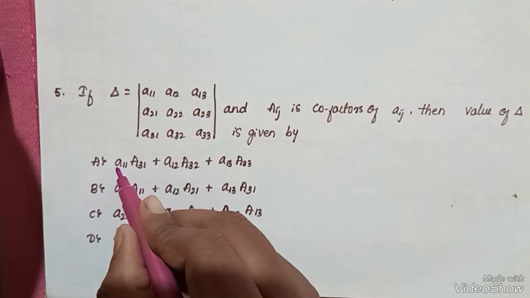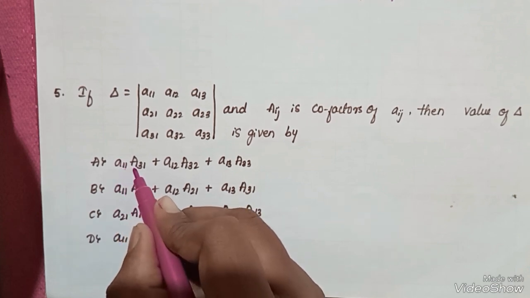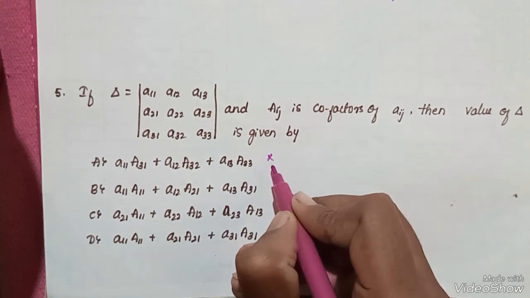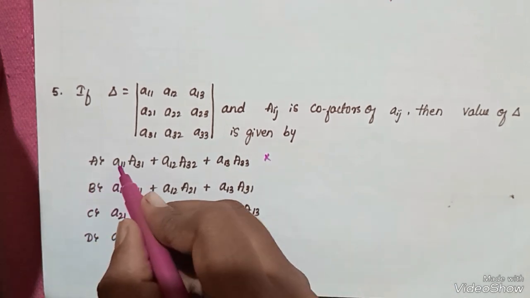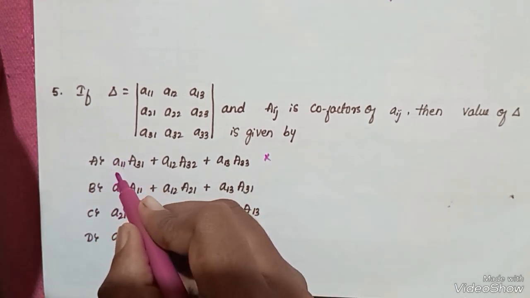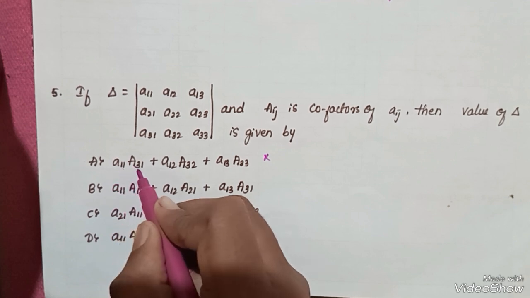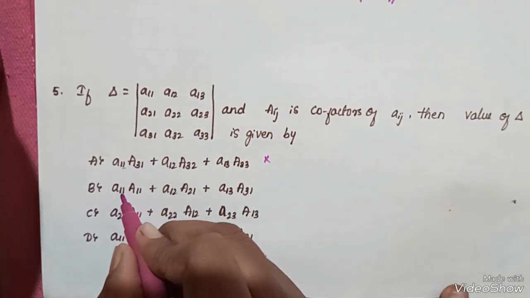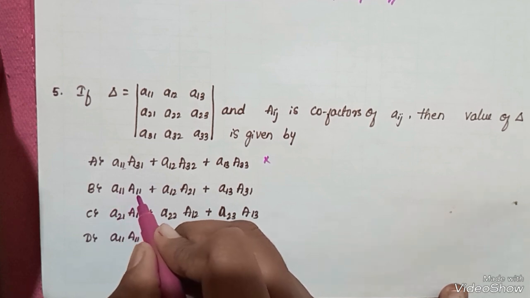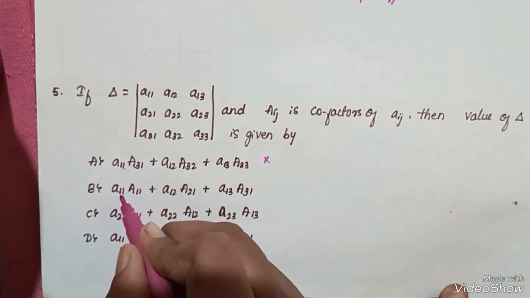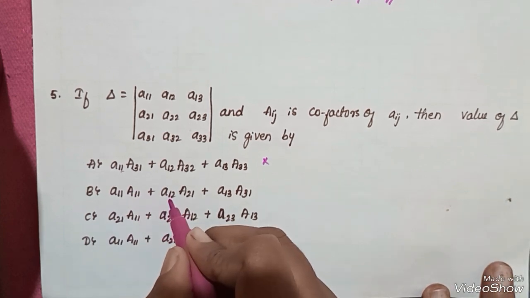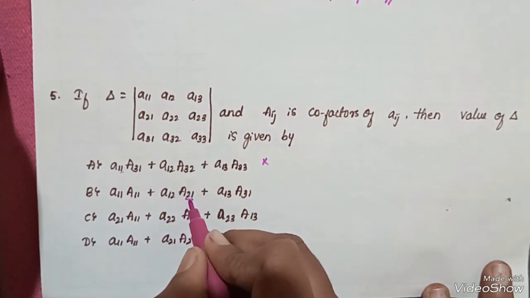In the first option, the element a11 with cofactor A31 is not possible, because the element must be paired with its own cofactor. Here both are different. Now checking the second, the element with its corresponding cofactor. Here there is no corresponding cofactor.